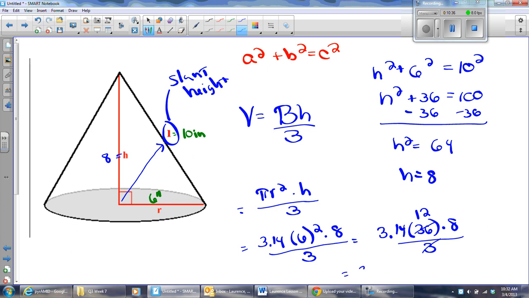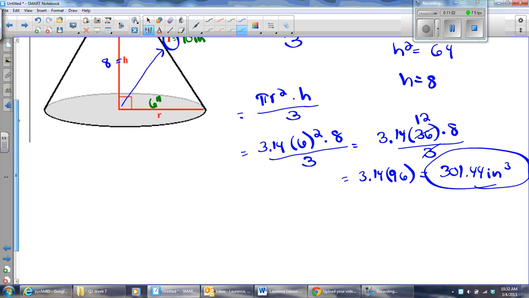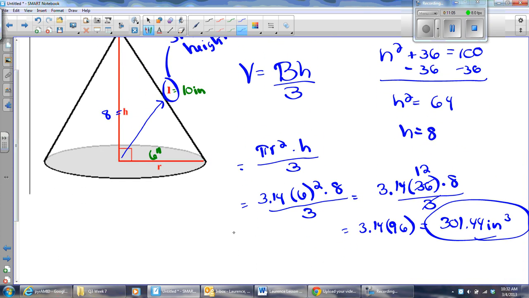And so I'm going to do 3.14 times 96, and I'll go to my calculator for that. 3.14 times 96, and I'm going to get this answer of 301.44 inches cubed. All right, there is the volume. Okay, I did it slightly out of order. If you want to do it from here and do it in a different order, that's perfectly fine.